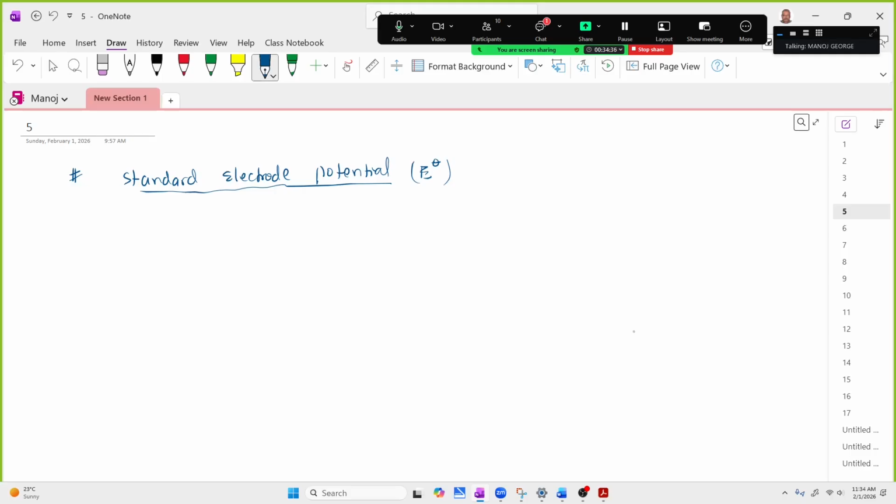First of all, let's have a look at the definition of this. Obviously, the definition has been asked in the exam so many times, so you're supposed to know that. Definition, this is important.